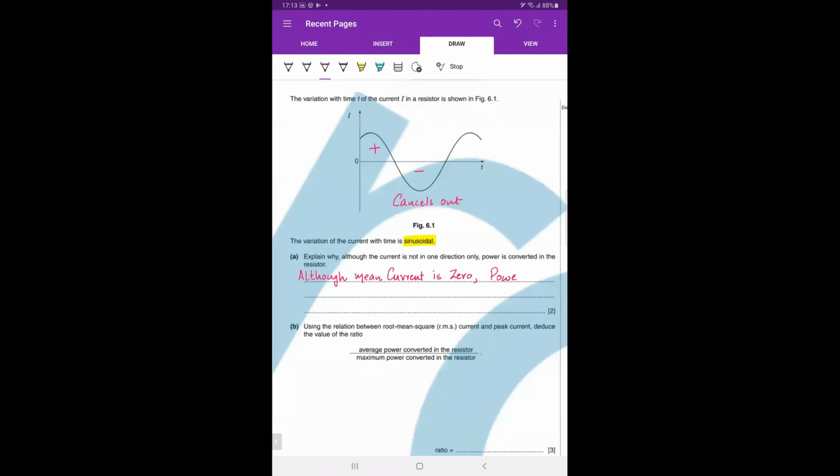power depends on the square of the current.